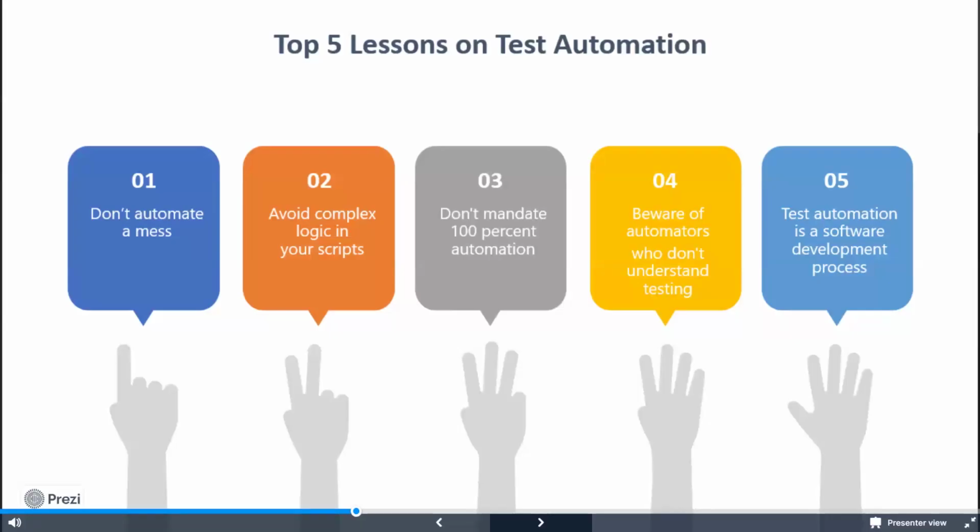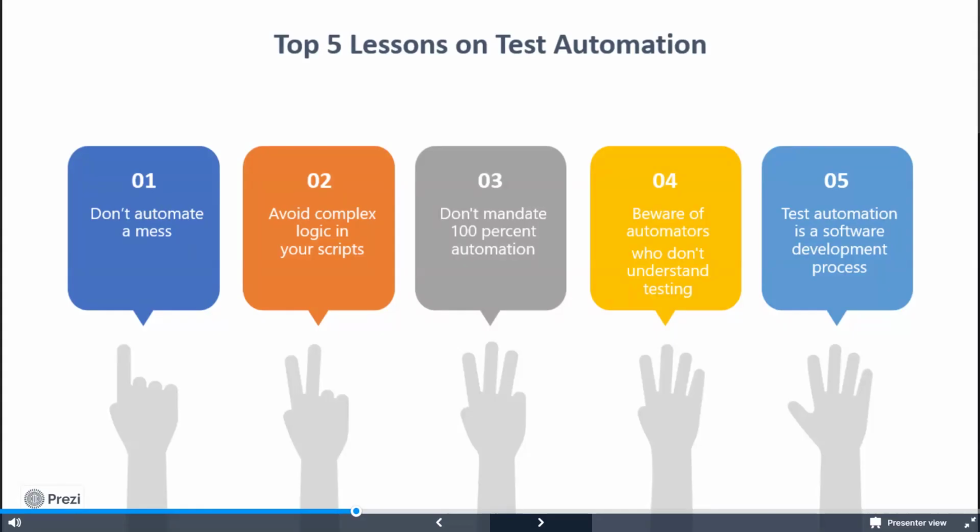Write the necessary business logic, not unnecessary logic. Third, 100% automation is not feasible. But I would like to make an exception for API: 100% automation is absolutely possible for API testing, while for UI testing it is not possible.